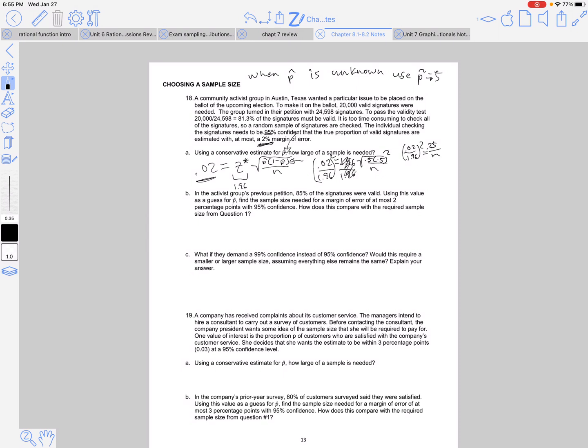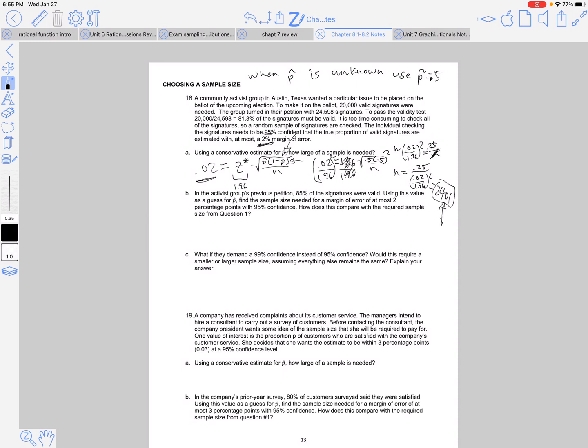So I'm going to multiply both sides by n and then divide both sides by that. So I have n equals 0.25 divided by 0.02 over 1.96 squared, which will give me 2,401 signatures that I have to sample.